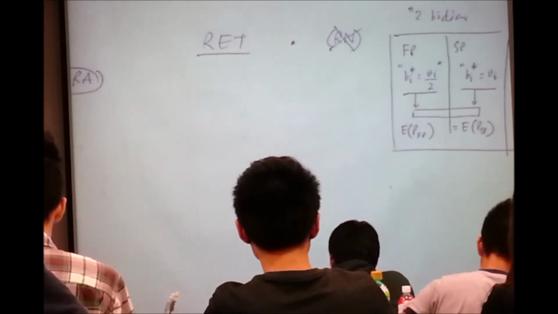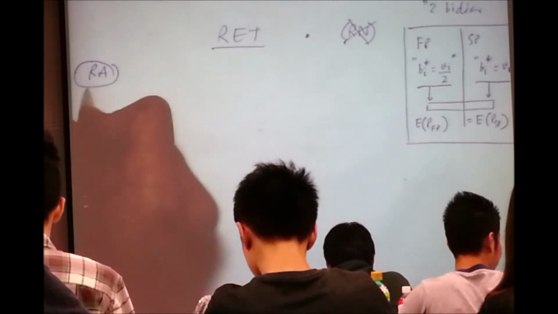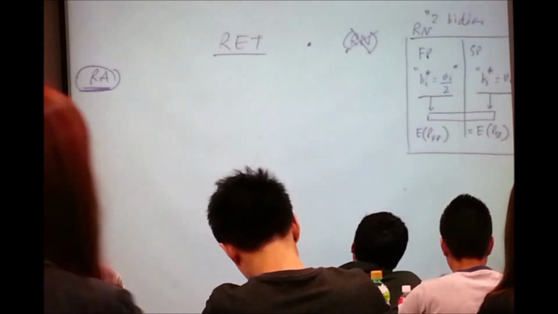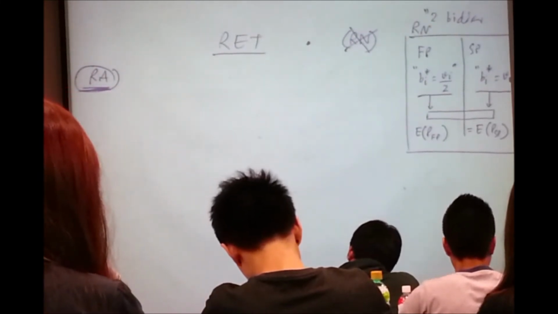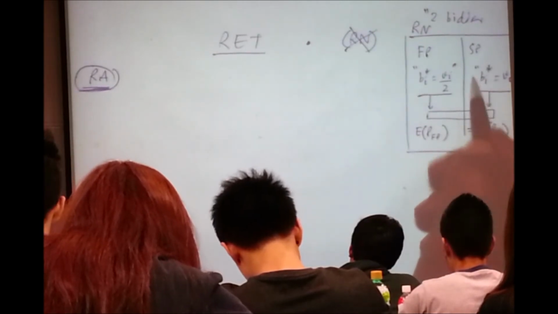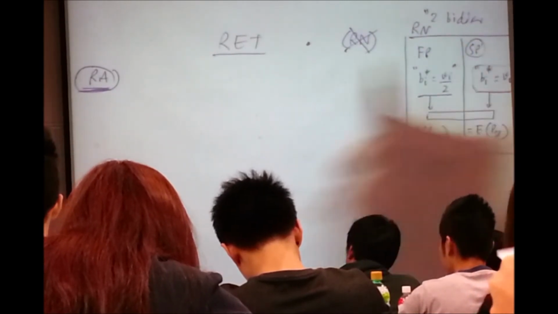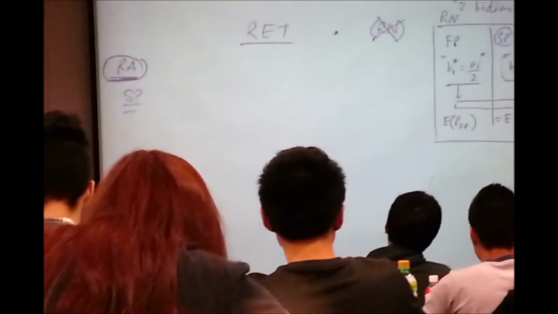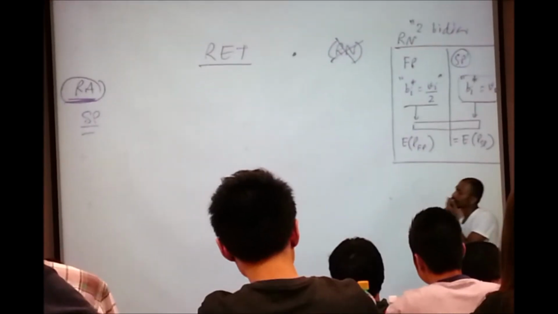Now, I want to first investigate when bidders are no longer risk neutral. How does their equilibrium outcome change? How does their equilibrium strategy change in a second price auction? In a second price auction, what is bidders' optimal strategy if bidders are risk averse?